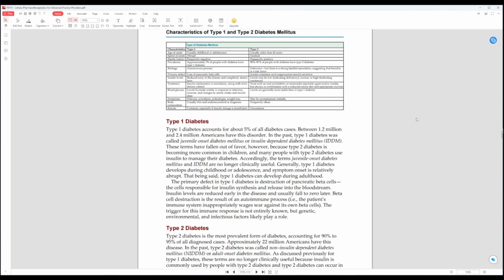Insulin levels are reduced early in the disease and usually fall to zero later. Beta cell destruction is the result of an autoimmune process. The patient's immune system inappropriately wages war against its own beta cells. The trigger for this immune response is not entirely known, but genetic, environmental, and infectious factors all play a potential role.